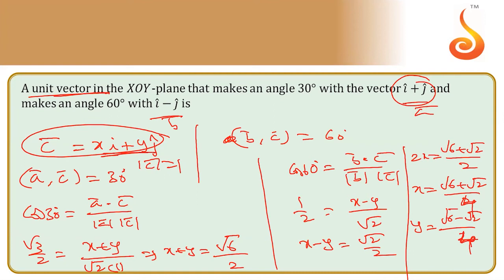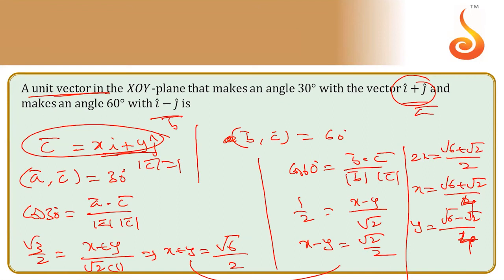1 by 4 into root 6 plus root 2 into i plus root 6 minus root 2 j, because c bar is a unit vector, modulus is 1. x plus y is root 6 by 2, x minus y is root 2 by 2. Add these to get 2x and subtract both. x is root 6 plus root 2 by 4, and y equals root 6 minus root 2 by 4.